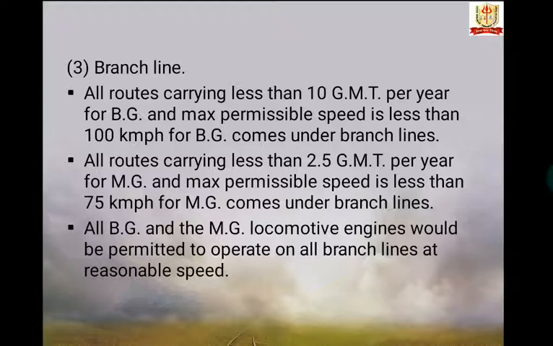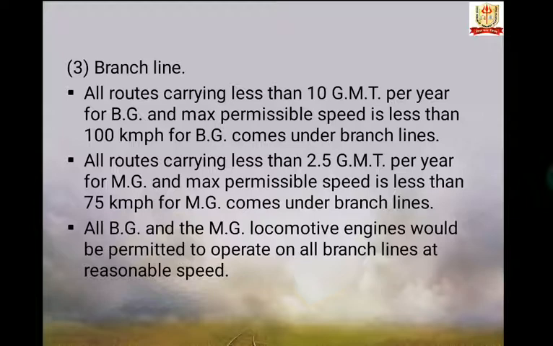It means all lines other than trunk routes carrying less than 10 gross million tonnes per annum for broad gauge and less than 2.5 gross million per annum for meter gauge, and whose maximum permissible speed allowed is less than 100 km per hour for broad gauge and less than 75 km per hour for meter gauge, are classified as branch lines by the railway board.